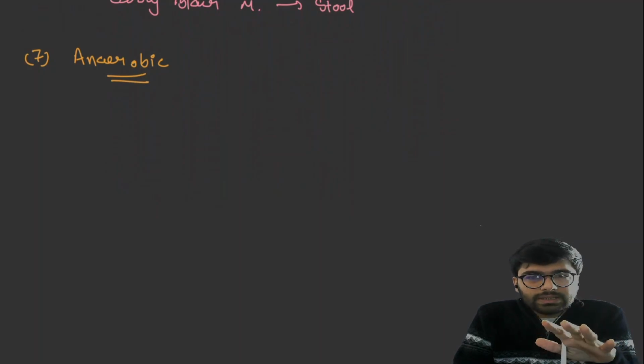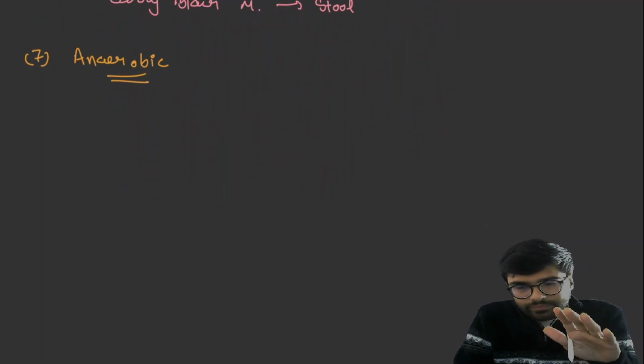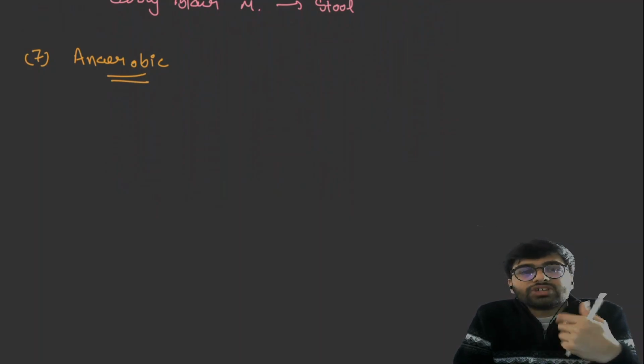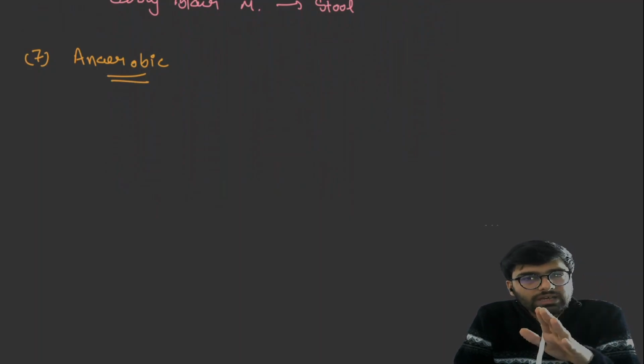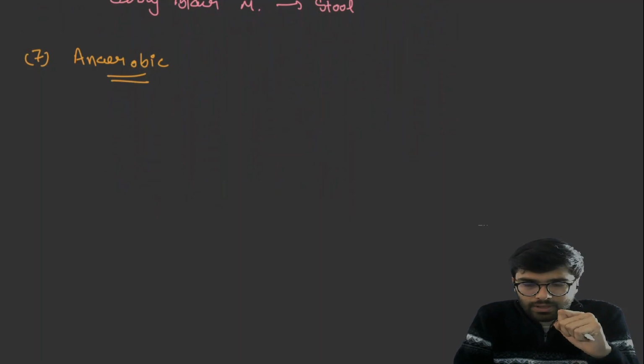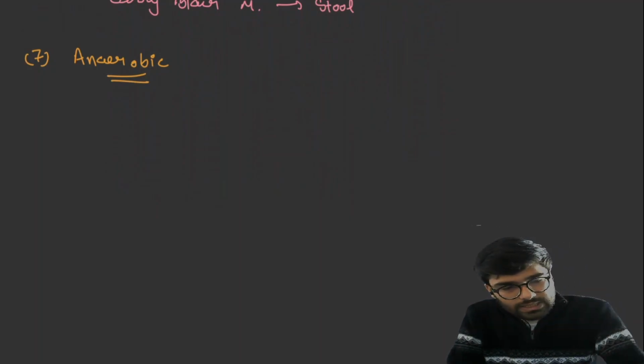It maintains anaerobic conditions, no oxygen. Now there are several agents that are used, just like in the selective media, we have selective agents. In anaerobic media, we have anaerobic agents. So these are the agents that help to create a condition of zero oxygen. What are those agents? So let us move.